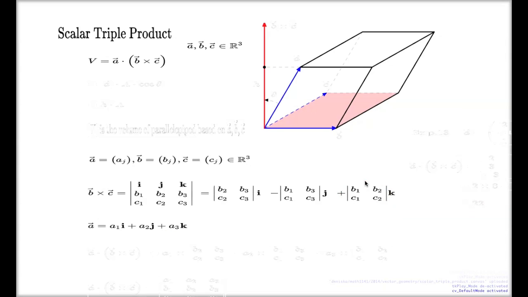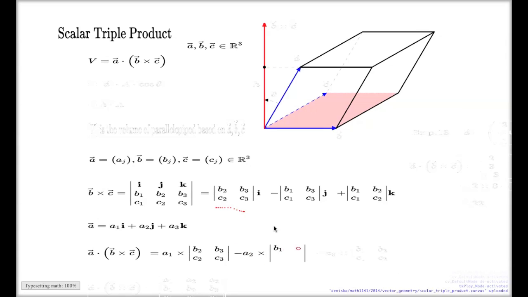You will see this anyway, but just look, I'm going to replace this. So if I go for the scalar triple product, here is what I will come up with. First component by first component here, second component by the second component here, last component, the third one, with the third component here.